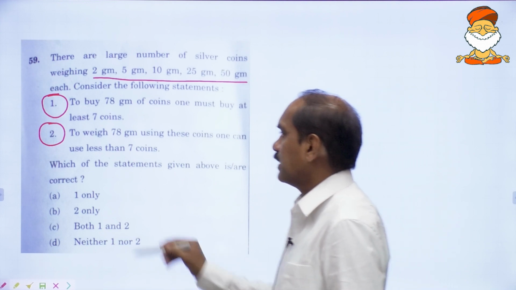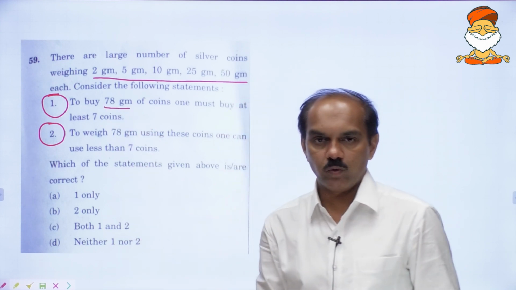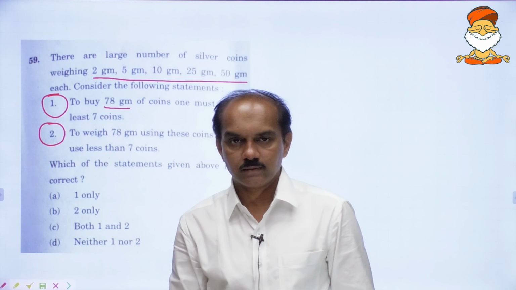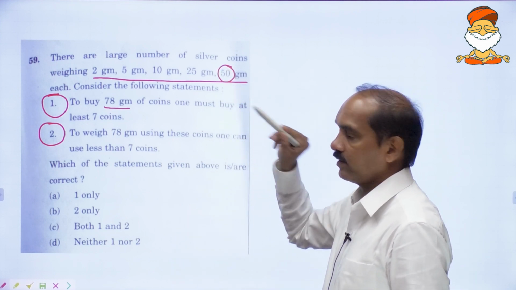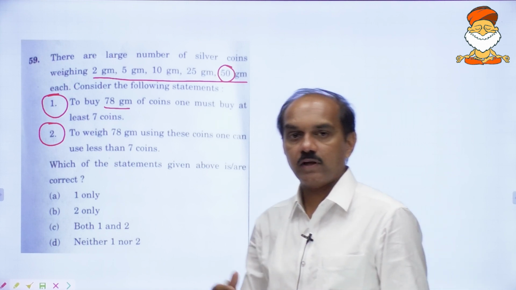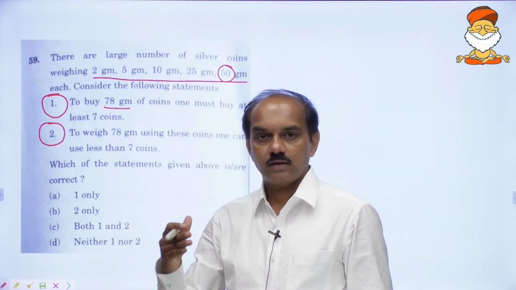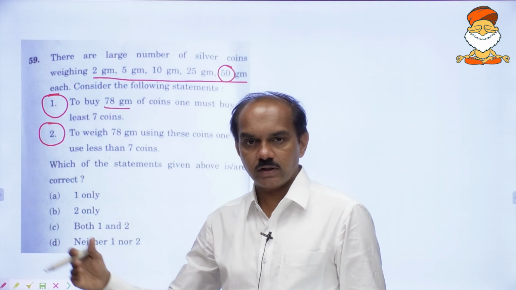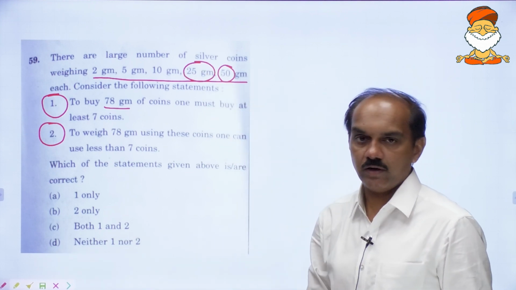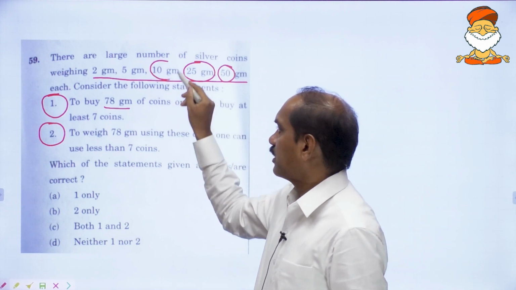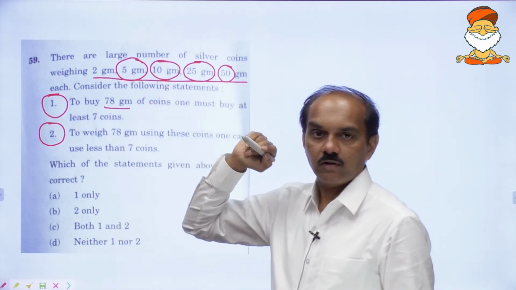See here, 78 gram we want. Using these, can you do that? No, because 50, 50, it is like 50, 100, 150, 200, this is how it goes. And how about this? It is in the multiples of 25, in the multiples of 10, in the multiples of 5.